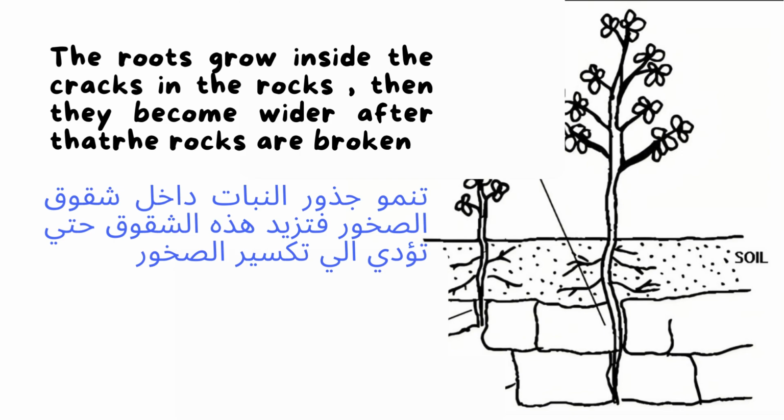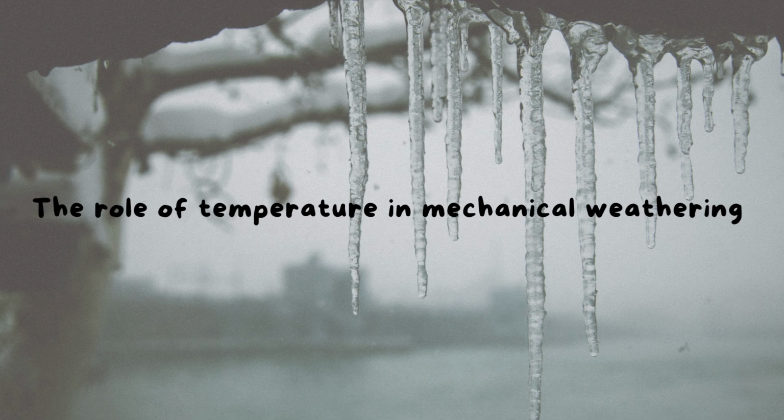So this causes the cracks in the rocks to be wider. After that, the rocks are broken. So the roots grow inside the cracks and cause the cracks to be wider, and after that, the rocks are broken.